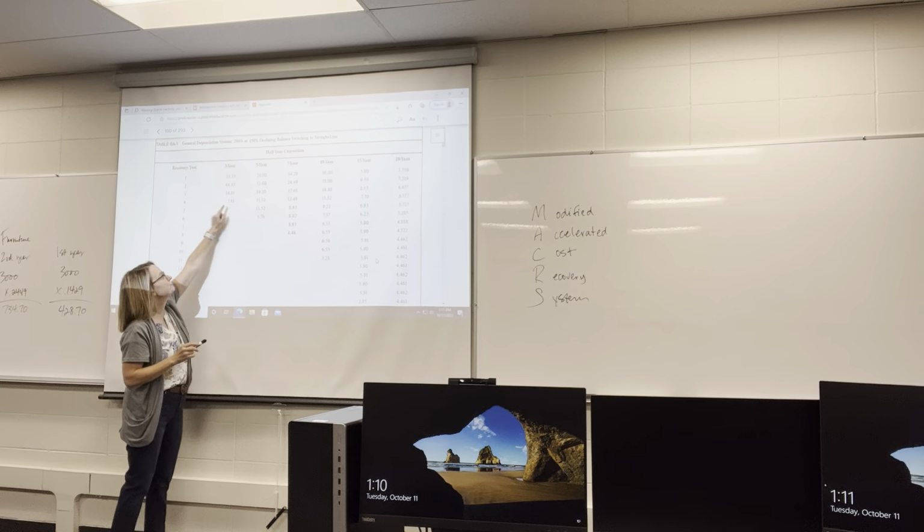We're starting July 1st, not January 1st, which means half of the first year is being taken in the first year, and half of the last year is being taken in that last year. So don't look at it and think that's really weird, I thought this was 3-year property but it shows depreciation for 4 years.